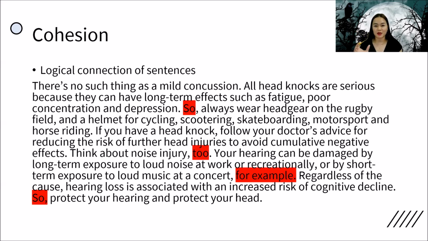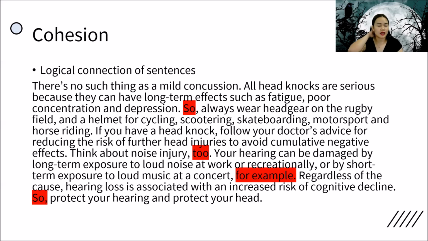That's the meaning of the word "too." And then examples and the word "again" at the end of the last sentence. All of these connectors play a very important role in a piece of writing. This is what we call cohesion.